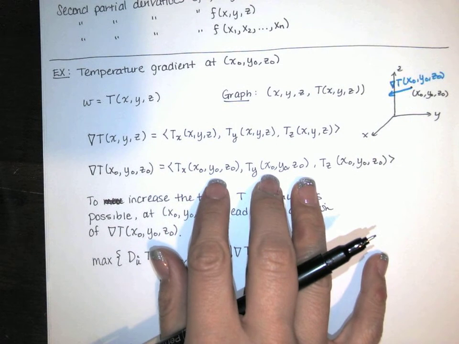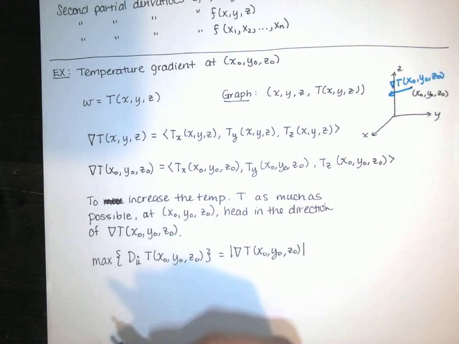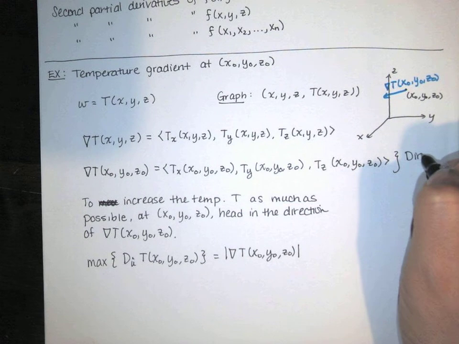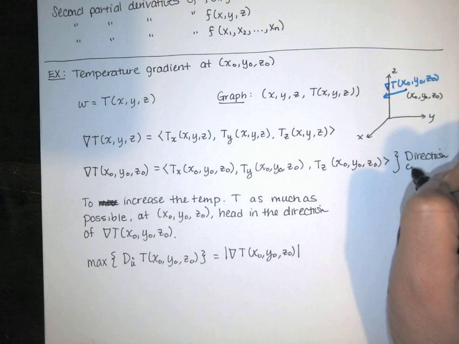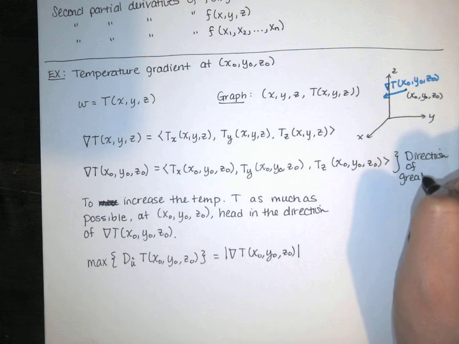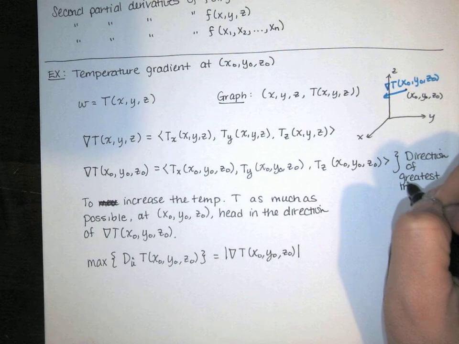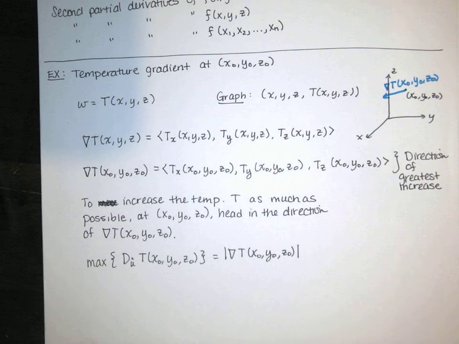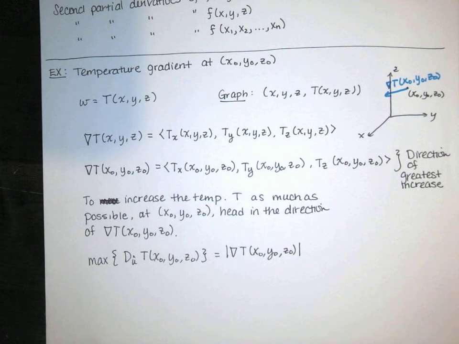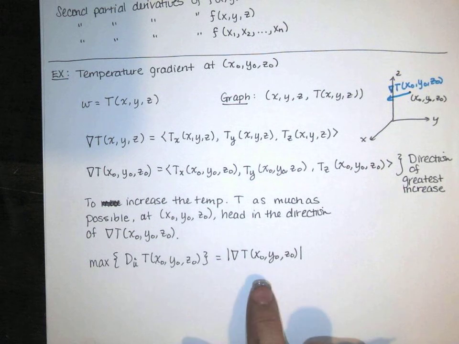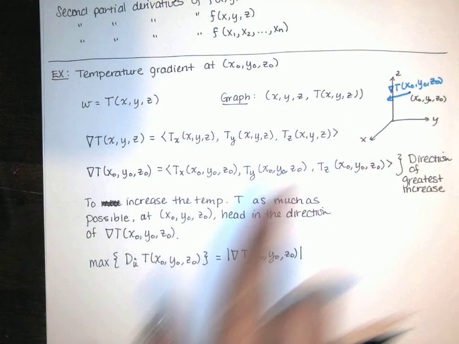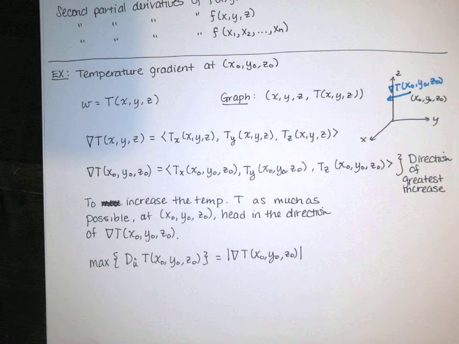So this is the direction of greatest increase. We can't really think of it as the direction of steepest ascent because we're not talking about a surface anymore. We're talking about this hypersurface that we can't see. And the maximum value of the instantaneous rate of change from x naught, y naught, z naught is the magnitude of that gradient.